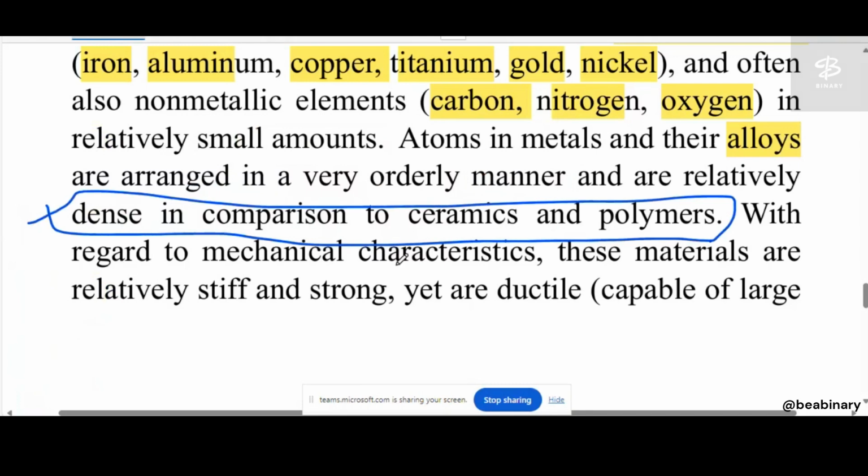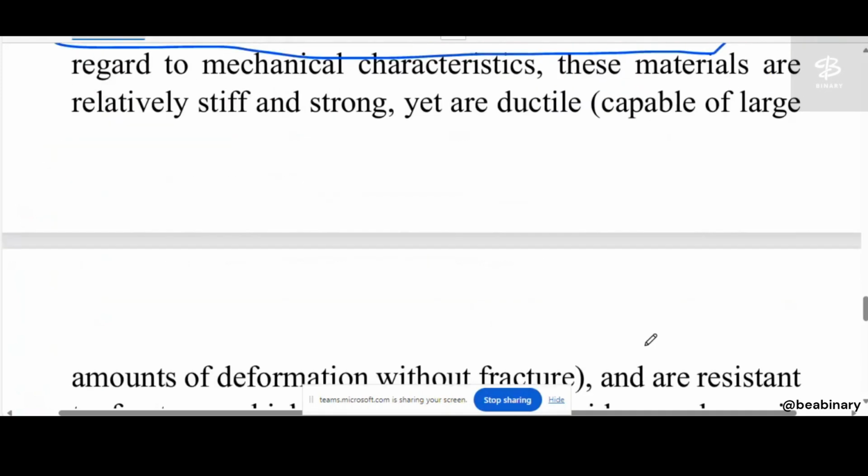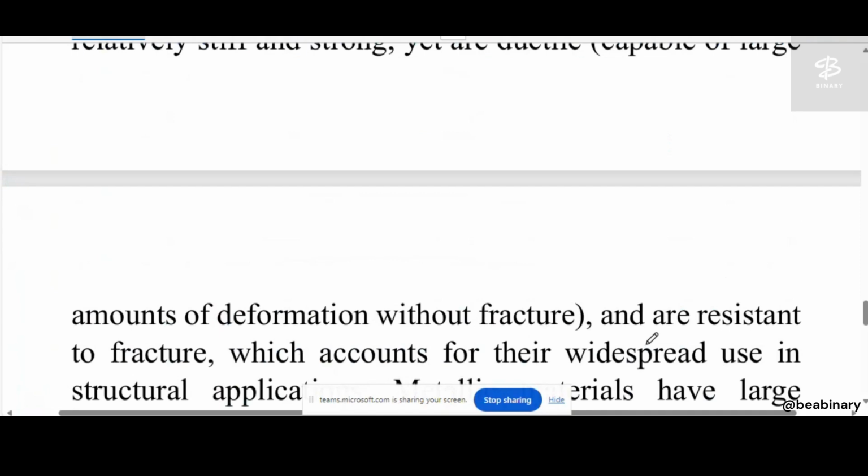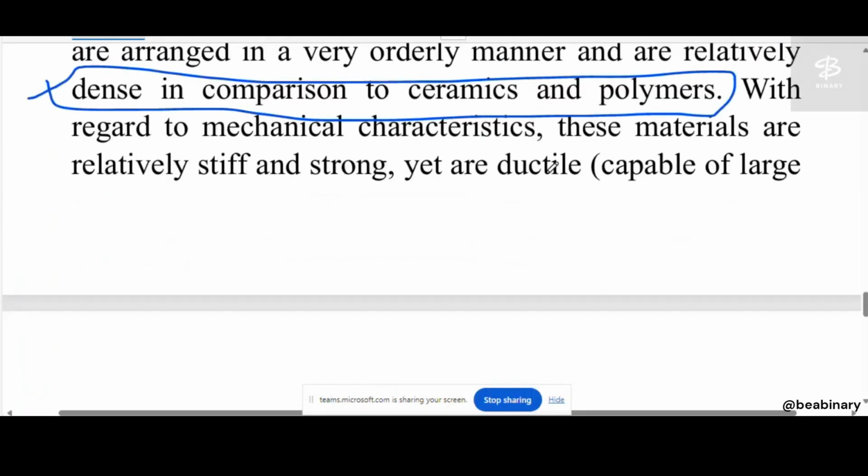With regard to the mechanical characteristics, these materials are relatively stiff and strong, yet they are ductile. Ductile means they are capable of a large amount of deformation without fracture. So these properties: the stiffness is high, strong, ductile.